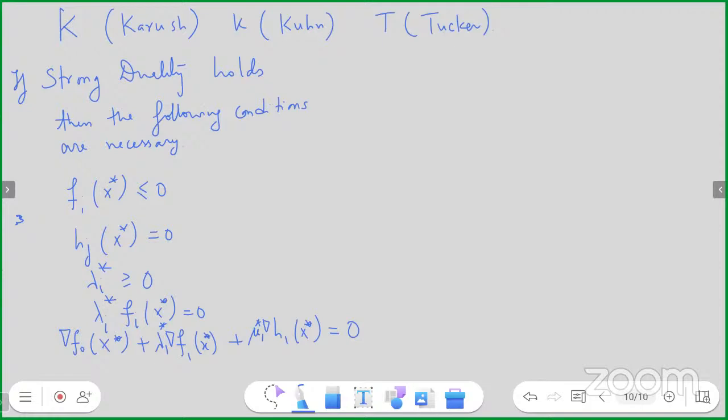We need to find x, lambda and mu such that L takes its minimum. You're mixing up things. So you're given x star is primal optimal, lambda star mu star is dual optimal. Now, are you claiming that x star minimizes L of x comma lambda star mu star?